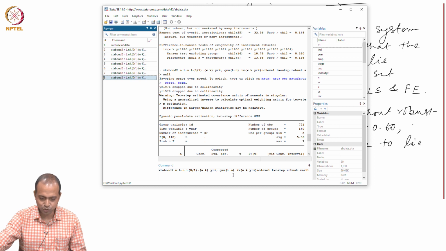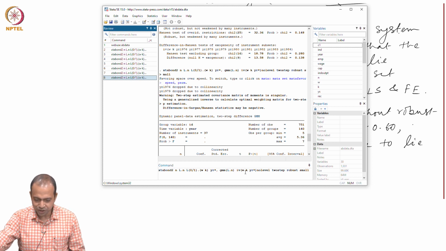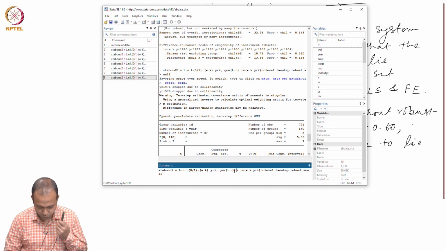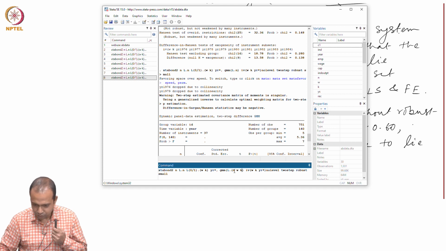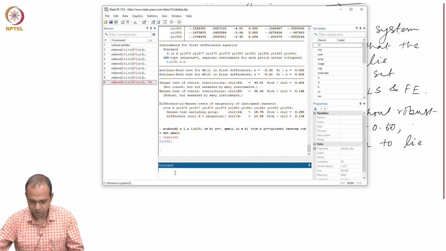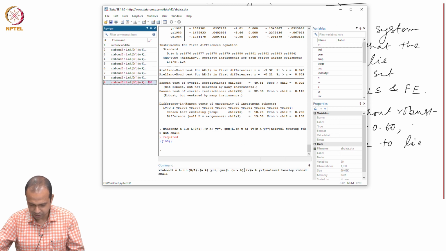So, in this command itself within GMM, what we can do is write L dot n in, and then I can consider W also, then K also, and then we will see whether, sorry, I should have this bracket closed.